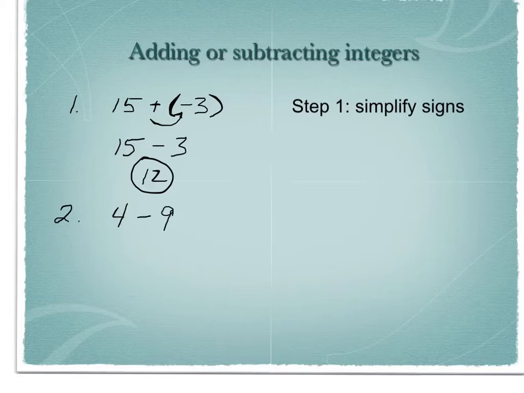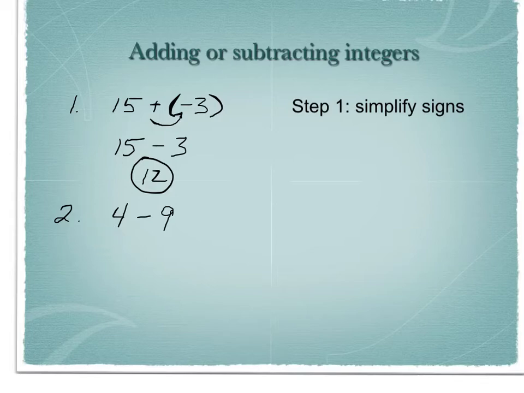For the next problem, we have 4 minus 9. There's no issue with two signs separating an integer, so we do not need to simplify signs in this case. But what I want you to do is pay attention to the sign in front of each integer, such as this sign is in front of the 9, and we don't have a sign in front of the 4, so we can assume it's positive.